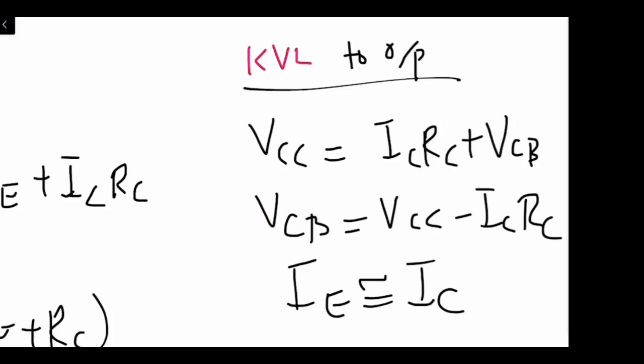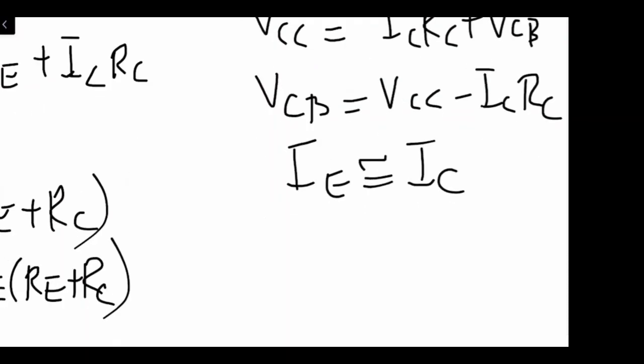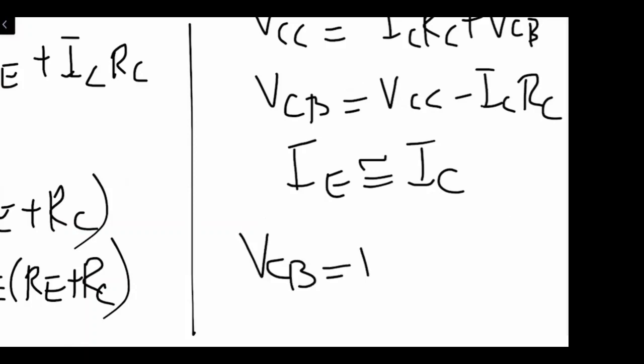So VCB is equal to VCC minus IE RC, because we have already figured out the value of IE from the first equation which we have done for the input side, right? So once we have done this, we can use it in the rest of the equations, and therefore we are converting these values into IE specific, right?